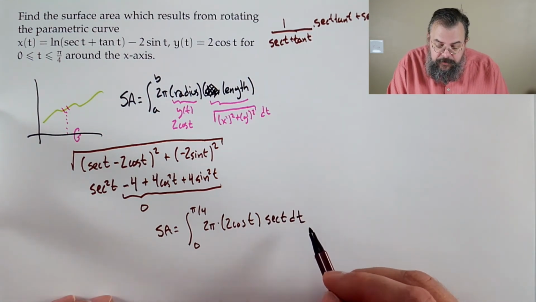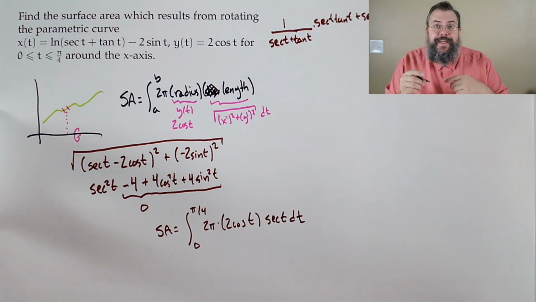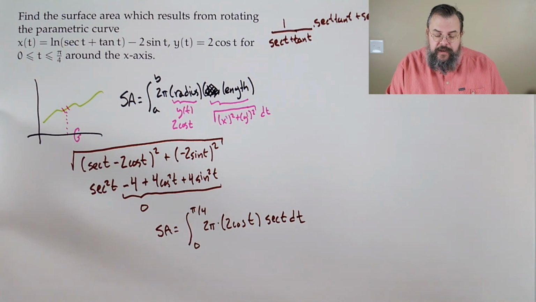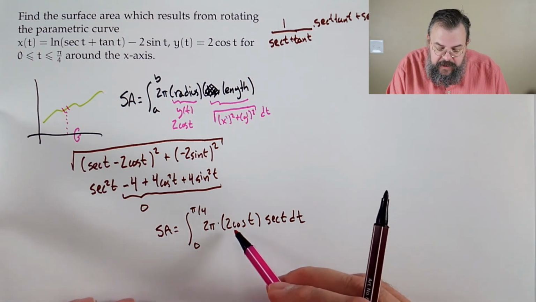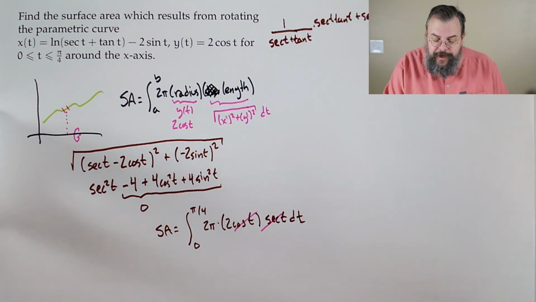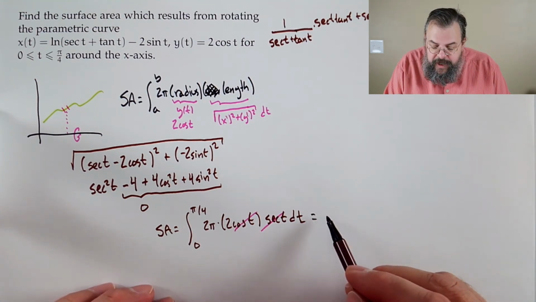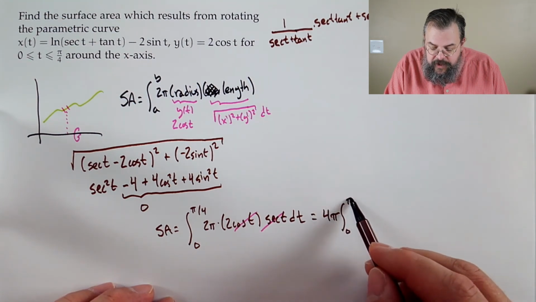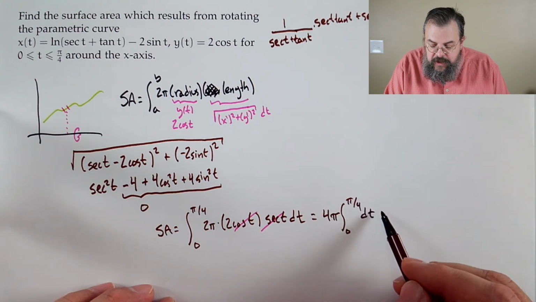But wait, cosine and secant are reciprocals, so cosine times secant is 1. That cancels, so it's an even easier integral than we had before. The 4 pi can come out, so it's 4 pi times the integral from 0 to pi over 4 of dt.